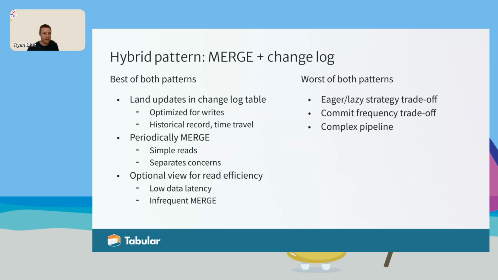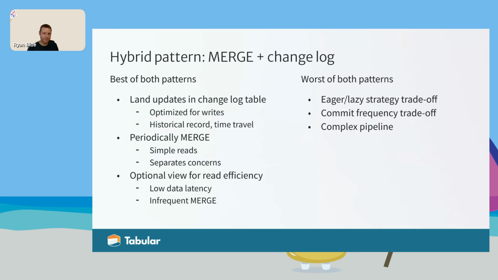So to be honest, you still have the eager and lazy trade-off. You still have the commit frequency trade-off on the table that you're merging into. Views can alleviate some of that by using the changelog table as essentially the changes that you need to apply on top of the merge. But your pipeline is still pretty complex in this case.